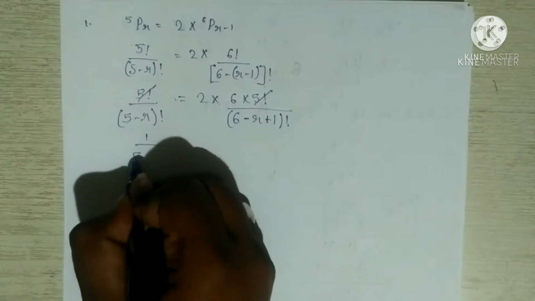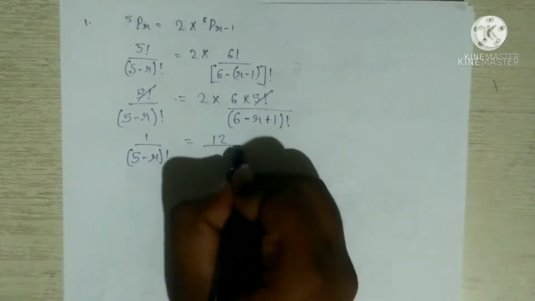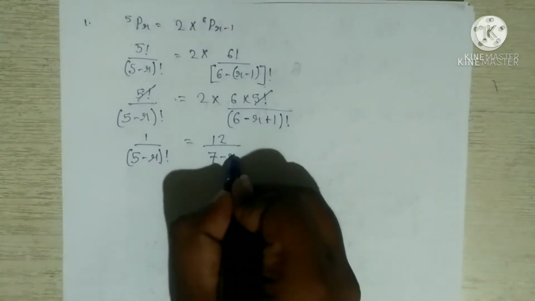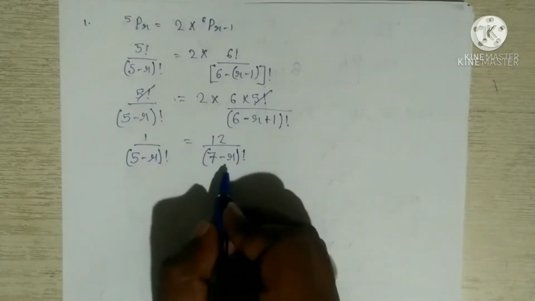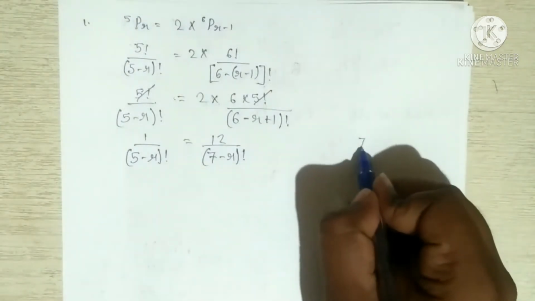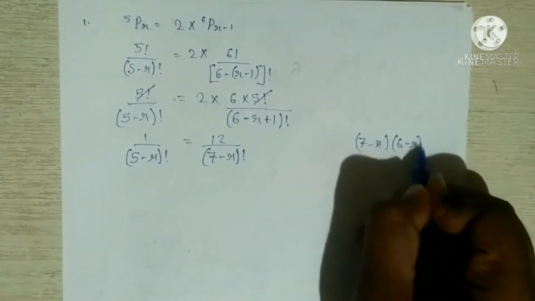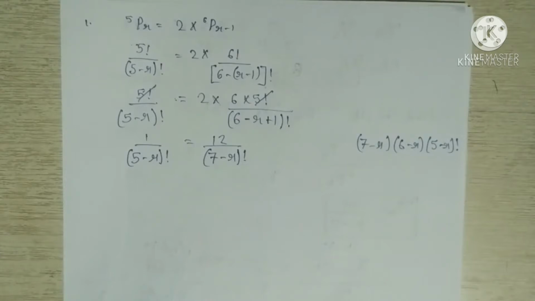1 by (5-r) factorial is equal to 12 by (6+1=7)-r factorial. 7-r factorial can be written as (7-r) into (6-r) into (5-r) factorial.